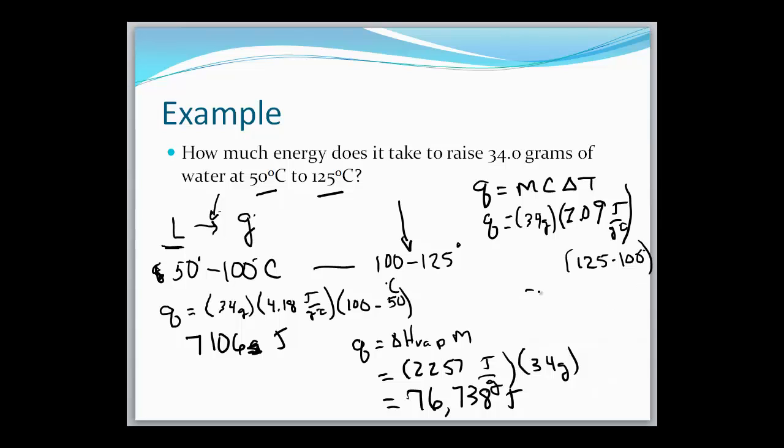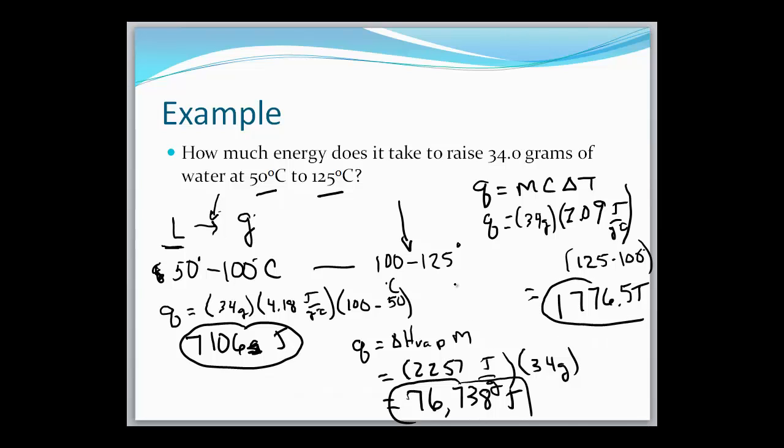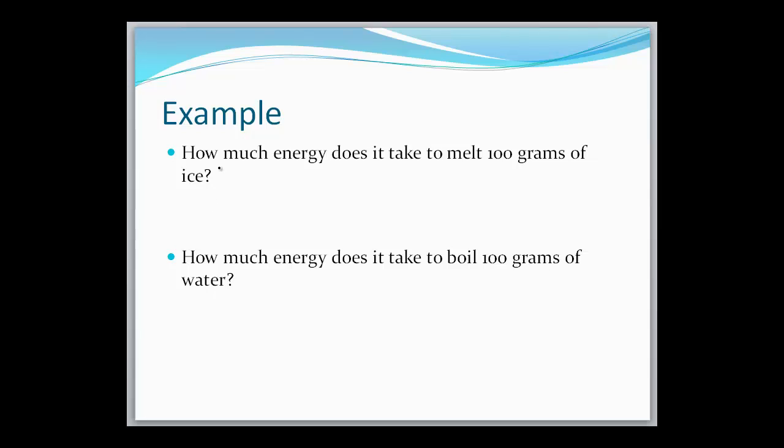So let's do that math. We've got 25 times 2.09 times 34, which is 1,776.5 joules. So then we're simply going to add together that value, and that value to get our final answer in joules. Let's take a look at a couple more problems.